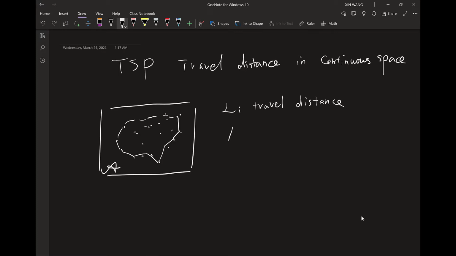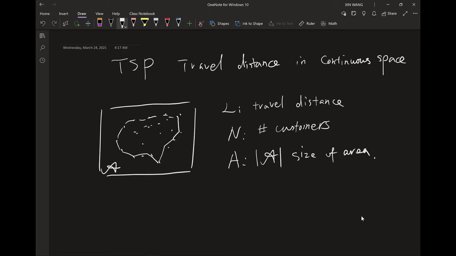Let N be the number of customers. It may also relate to the market area, so let A be the size of the market area. Our goal is to estimate the TSP distance given the number of customers and a certain size of area. This is a hard task.